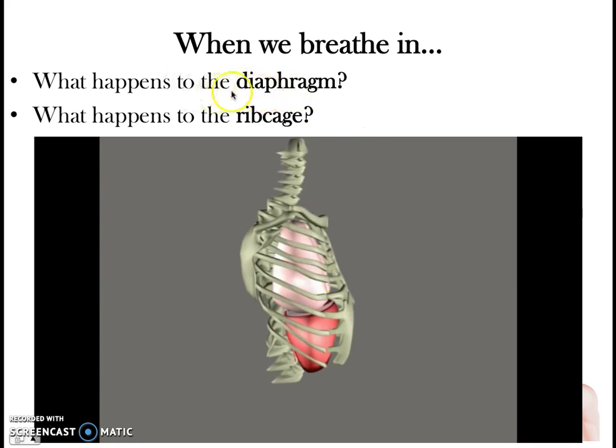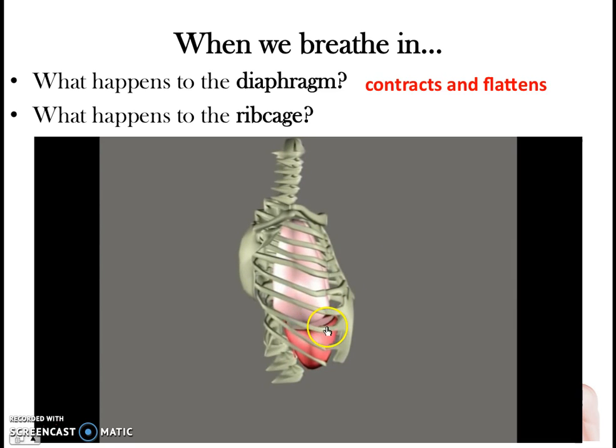Now hopefully you notice that when a person breathes in, his diaphragm will move downwards, it will contract, it will flatten, and it will move downwards. And when a person breathes in, his rib cage will move upward and outward. So this direction, upward and outward. Have a look. So breathing in, you can see the diaphragm contracts and flattens out.